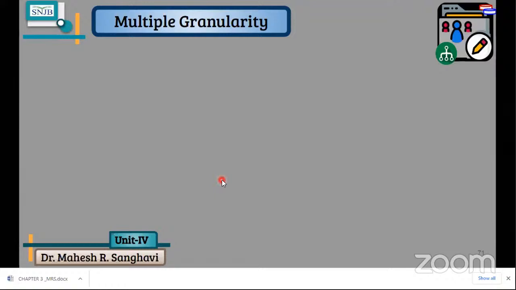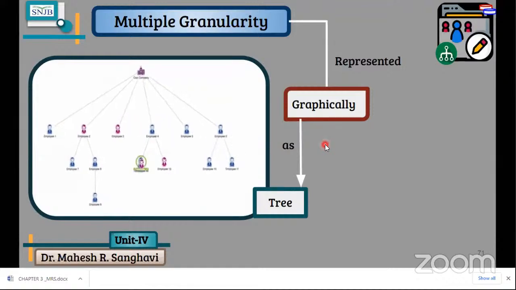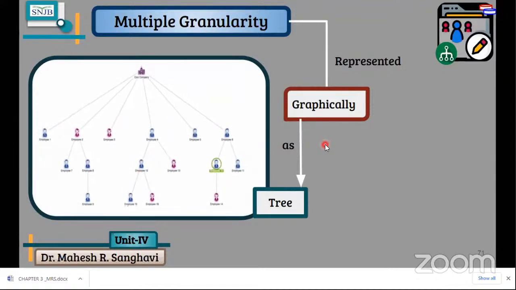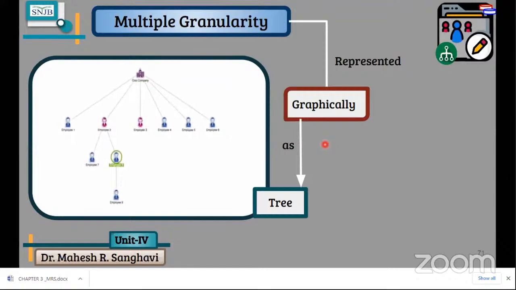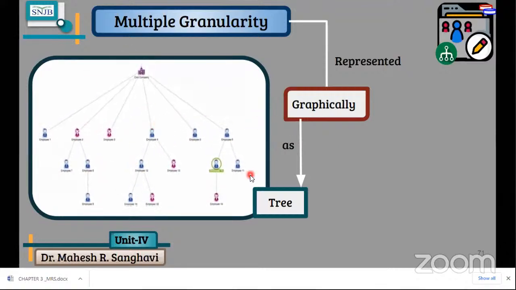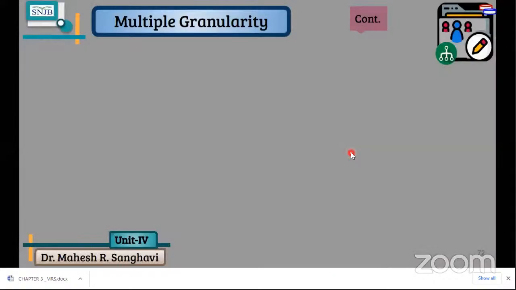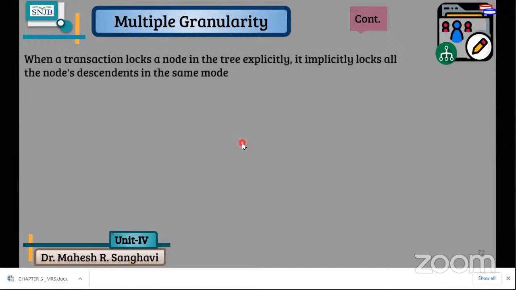So in the last session, I hope you all remember multiple granularity, and we have seen the scheme of granularity, represented graphically in the form of a tree. I have already told you about two types of granularity. One of you asked me the question about re-explaining multiple granularity.